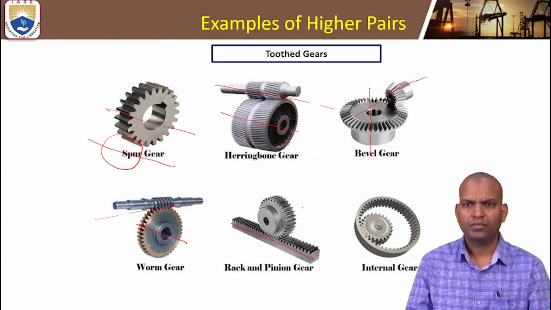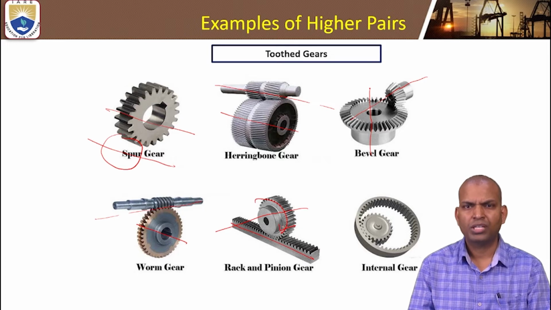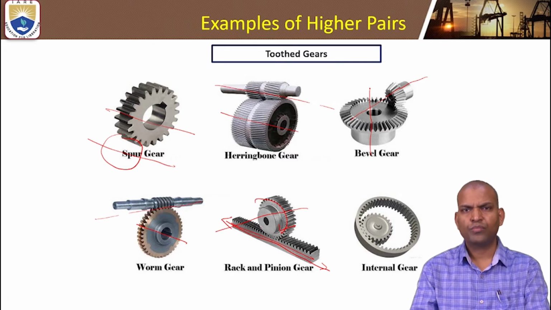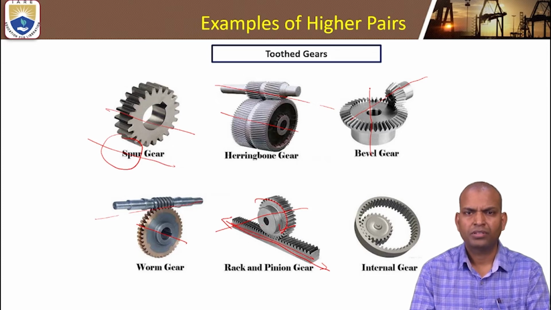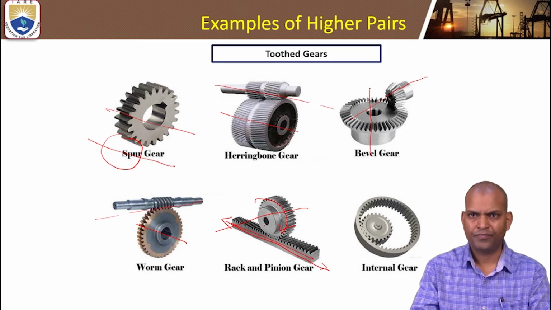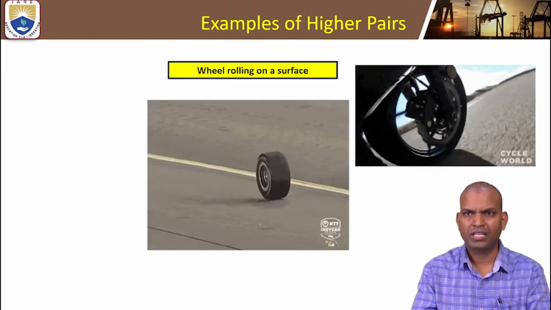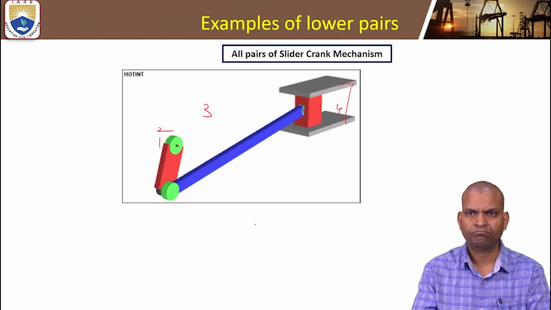Now here it is, both are again perpendicular. But in the case of rack and pinion gear, the rotary motion is converted to reciprocatory motion. As we have studied, the rotary motion is converted to reciprocatory motion in the case of the slider crank mechanism too.